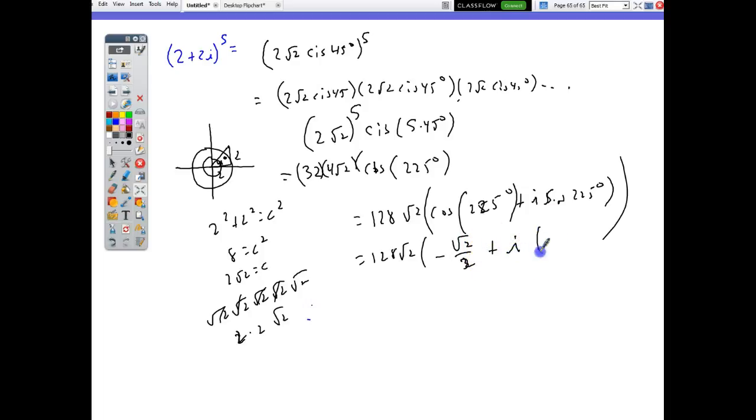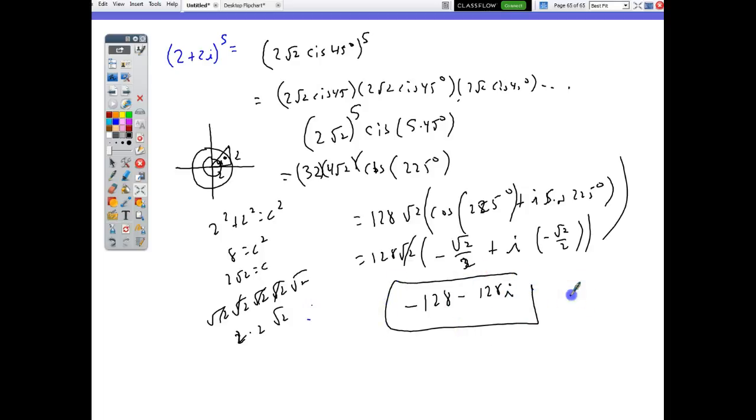Negative root 2 over 2. So multiply through by root 2. These all become 1, right? Root 2 times root 2 is 2. 2 over 2 goes away, right? Everyone with me? So this becomes negative 128 minus 128i.